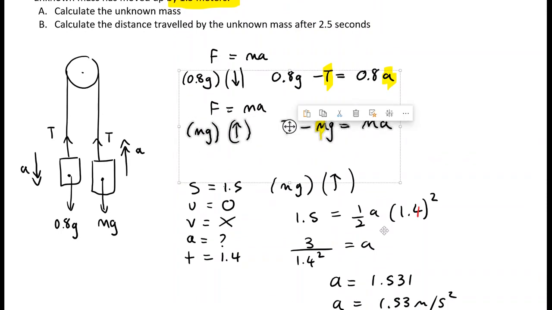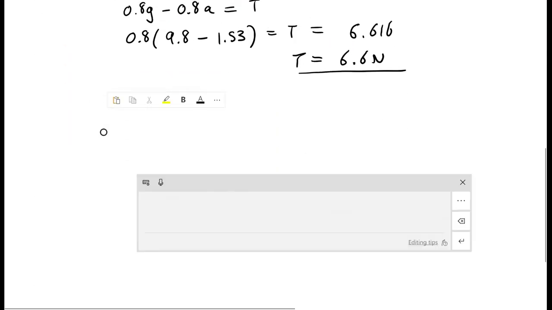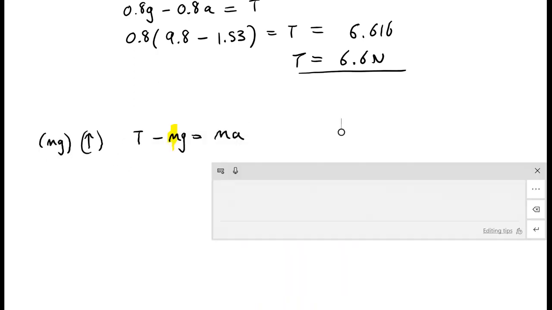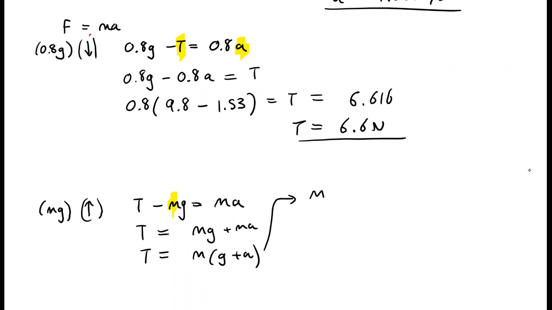So T is equal to mg plus ma. T is equal to m(g plus a). Working up here, m must be equal to T over (g plus a).